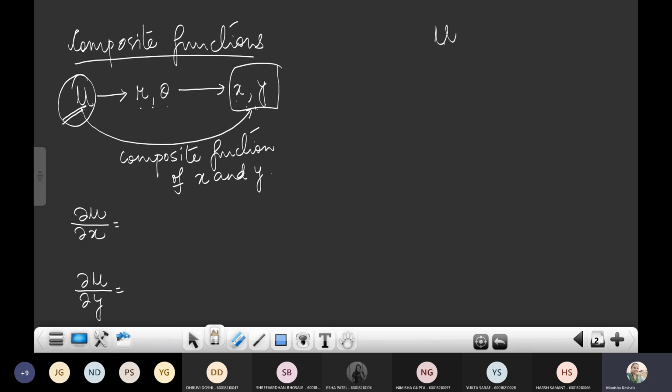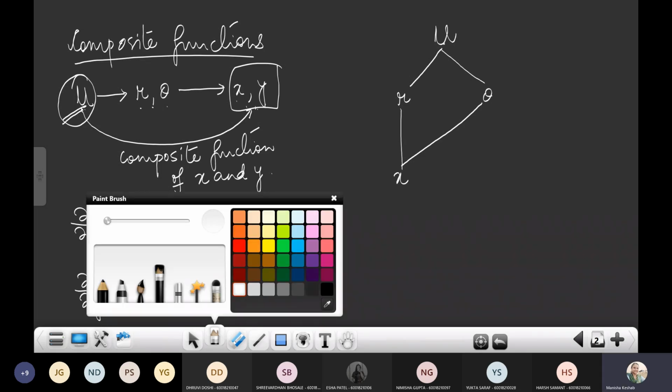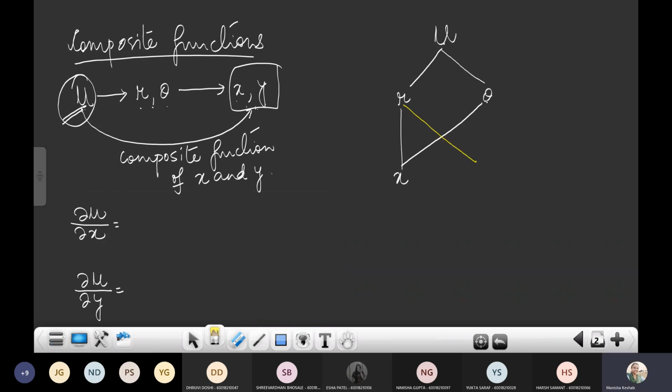So if I say that this is my first function, u, and u is a function of r and theta. Okay? And then r and theta both are functions of x. And here r and theta both are functions of y. Right?